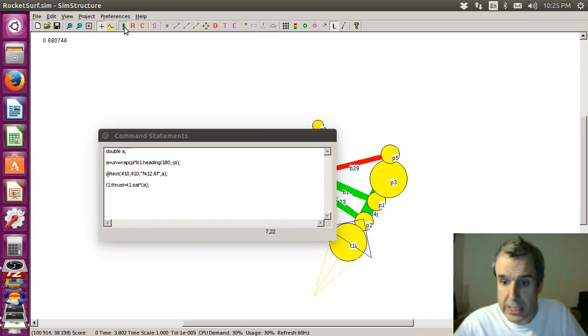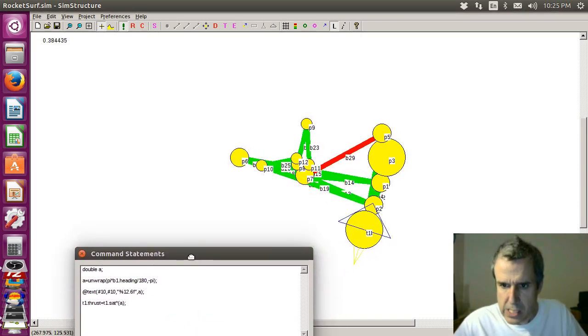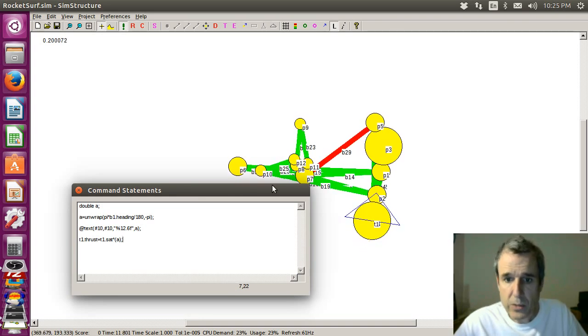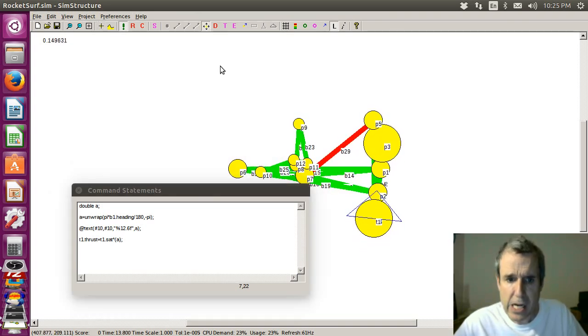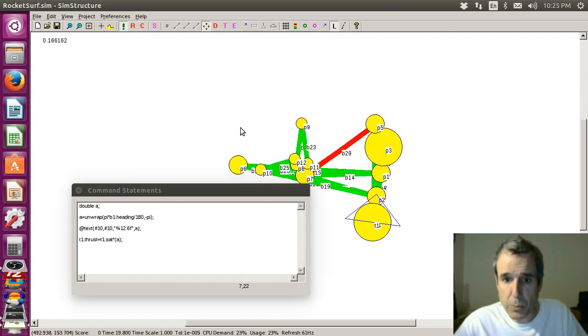Okay, so the angle is 25, 15, 14. So 0 is all the way back, so we want 90.